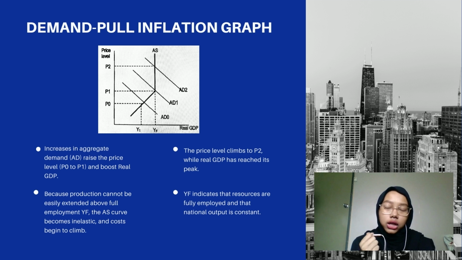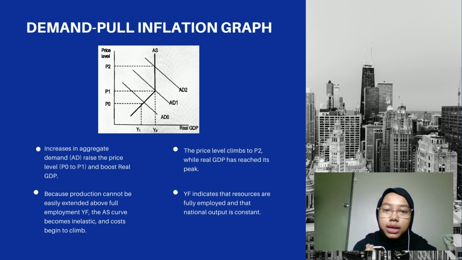This happened because production cannot be easily extended above full employment YF. So the aggregate supply curve becomes inelastic and costs begin to climb, and the price level climbs to P2, while real GDP has reached its peak.